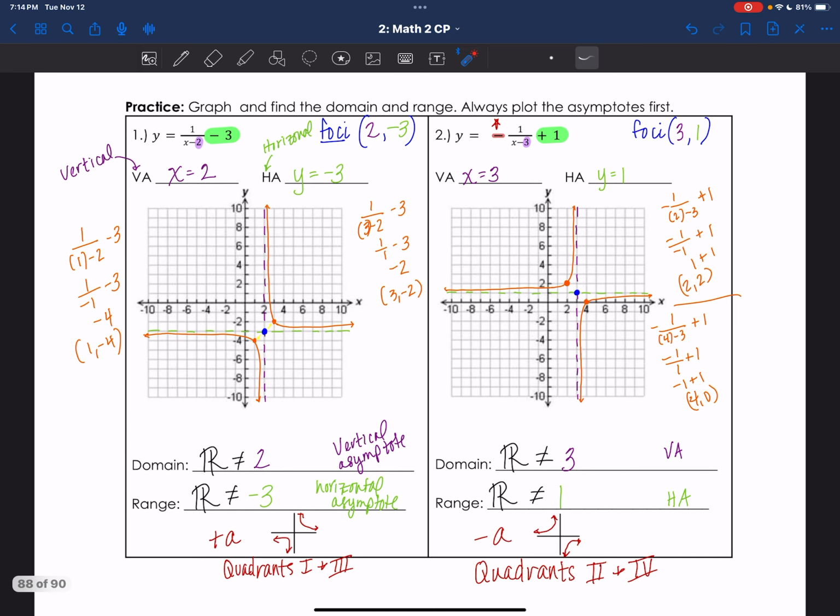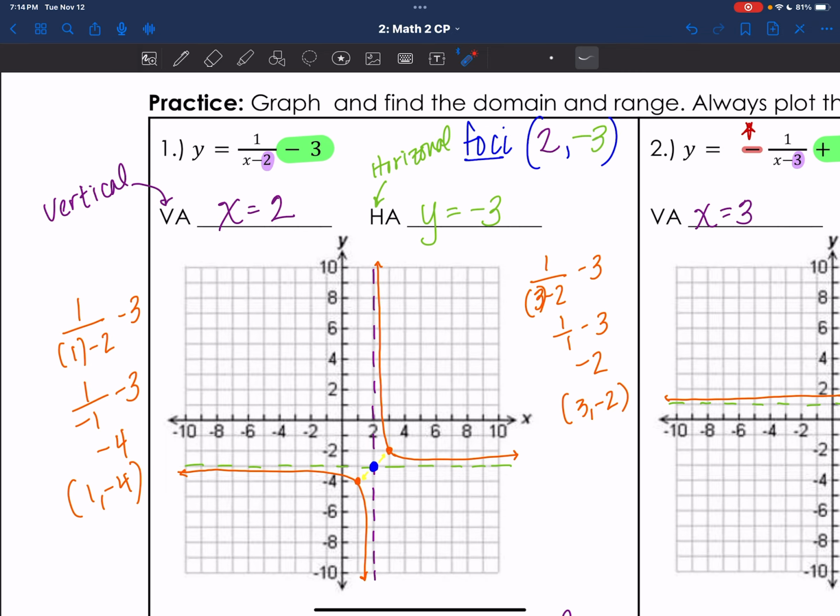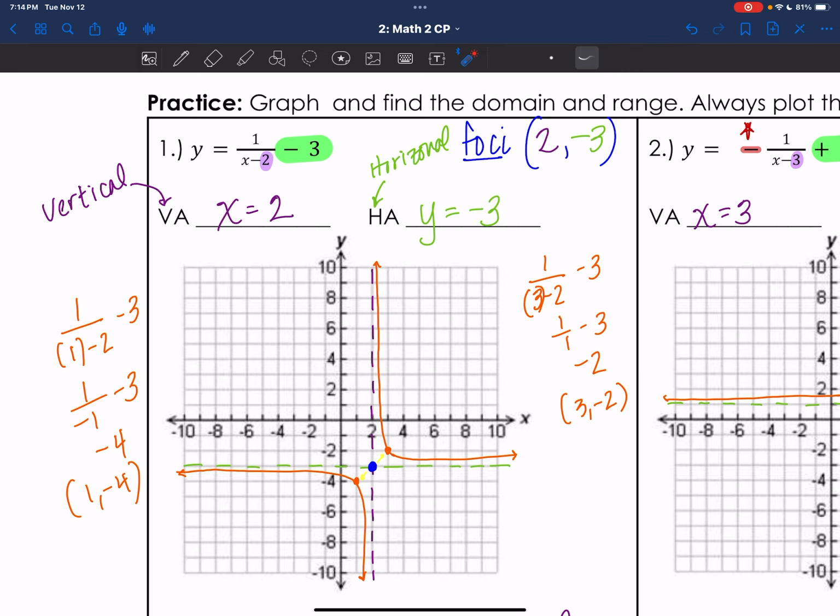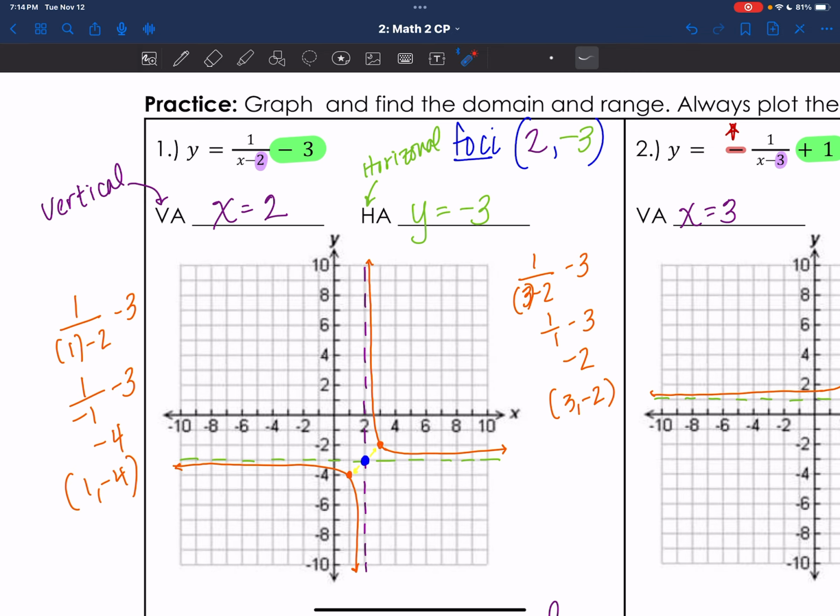All right, so let's go ahead. I did this first one. I started it, so let's look here. So right now, this is telling us 2 is going to be your vertical asymptote. So remember, the negative's still there, so we're going to make this a positive 2. So to graph that, it crosses the x-axis at 2.